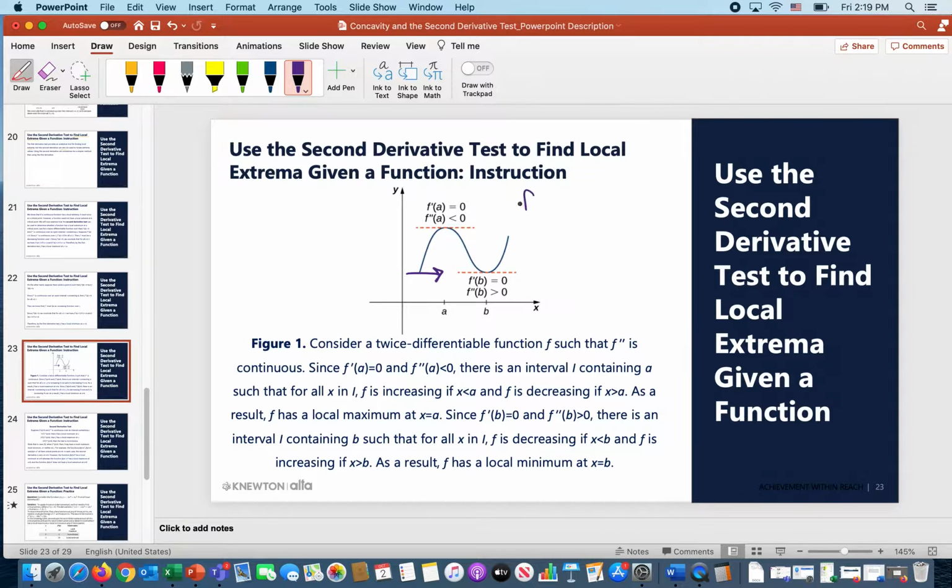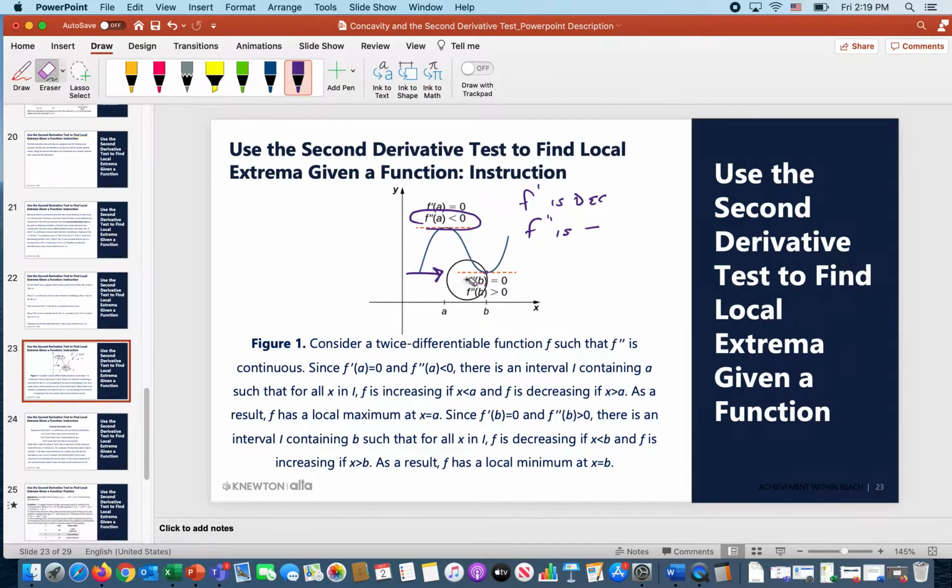To say f prime is decreasing is to say that f double prime is negative, right? And you can see that played out right here. Likewise, down here at the bottom, we have a minimum. And what we want to note at the bottom there is that f double prime is greater than zero.